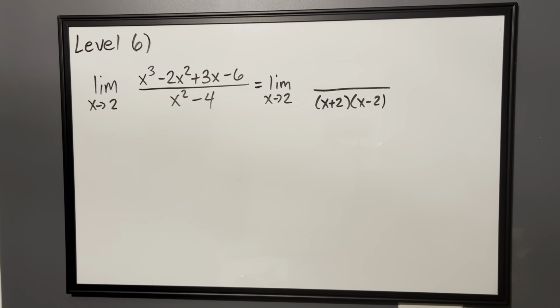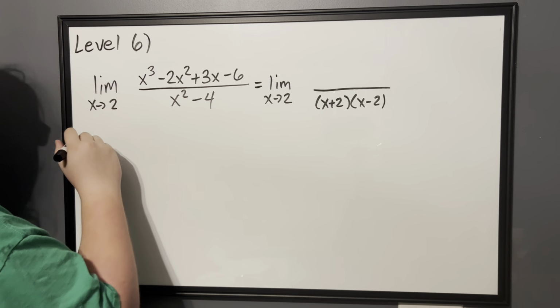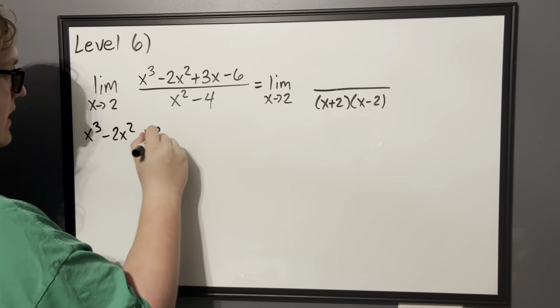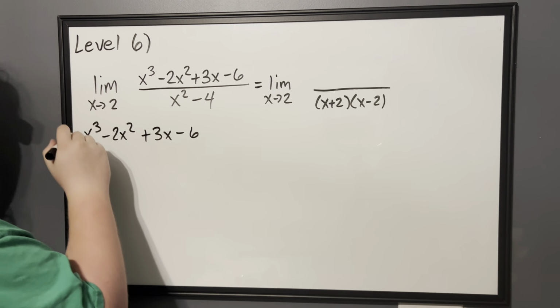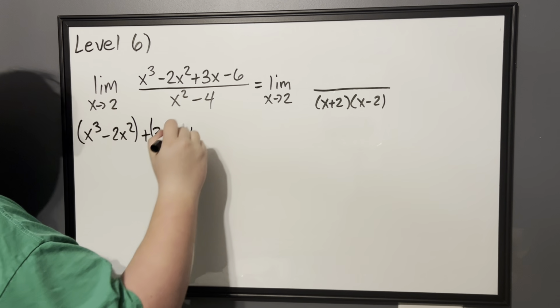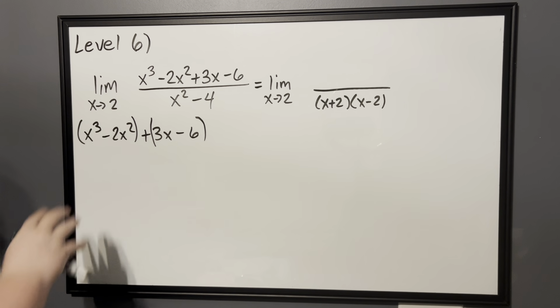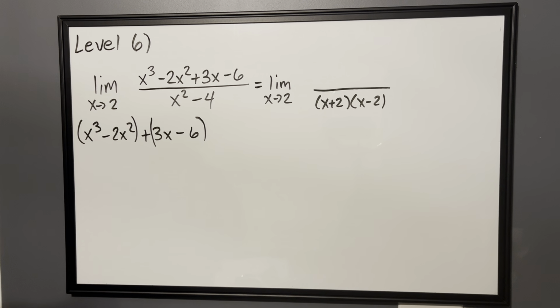Now let's look at the top. We're going to actually factor by grouping. So if we have x cubed minus 2x squared plus 3x minus 6, we're going to factor what we can out of it. When we look at this first term, we want to look at what we can factor. Now, the constants don't share anything other than a 1, but that's pointless to take out.